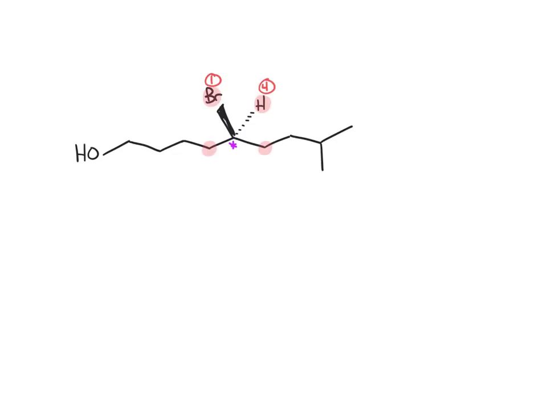So what we're going to do is, just like before, look at what's attached. Well, this carbon here, it's attached to the chiral center, which we're not going to count, but it's also attached to a carbon, a hydrogen, and a hydrogen. So let's write those down.